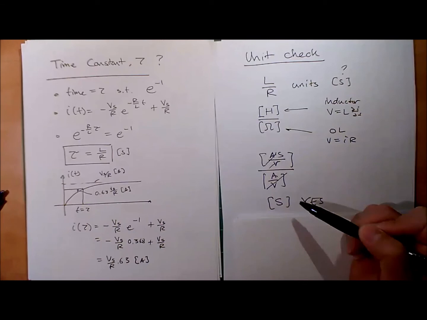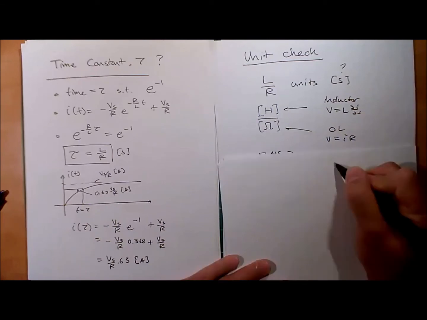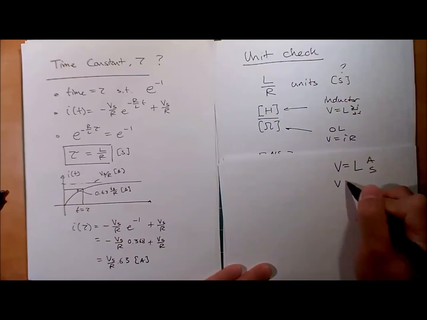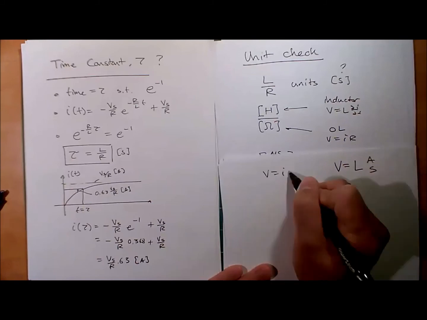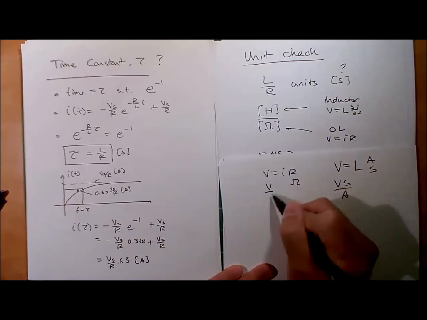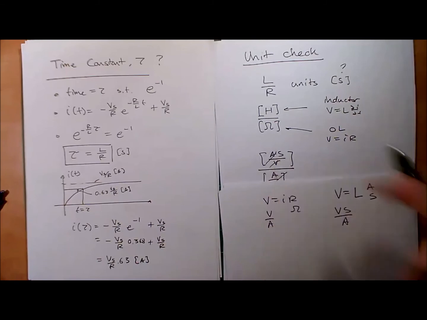Is this correct? Let's double check that. A henry equals, let's see, amp second, yep. So it's a volt second per amp. I think I might have had my derivation wrong. And V equals IR, ohms over here is a volt per amp, right? And so I think I switched the volts and amps here. And let's double check.